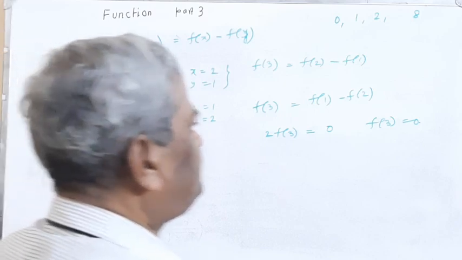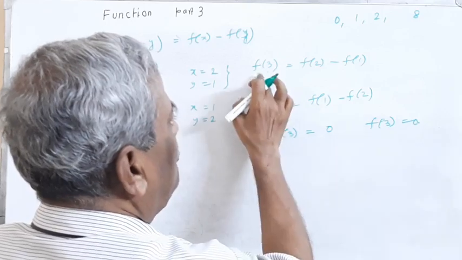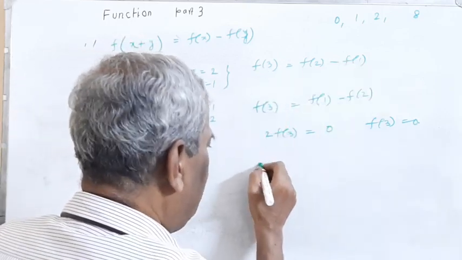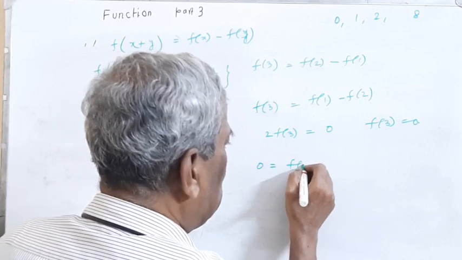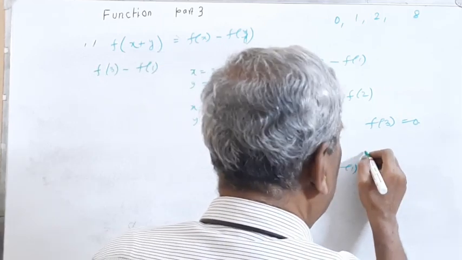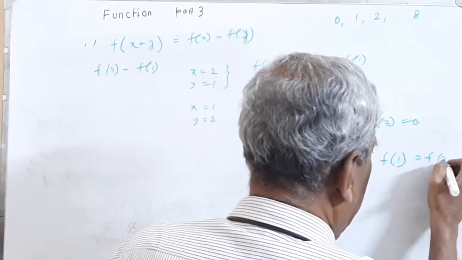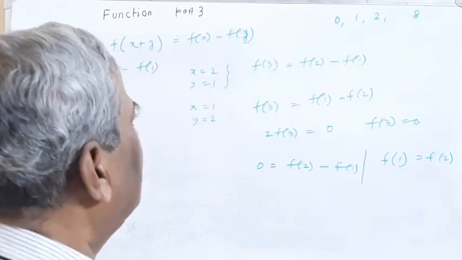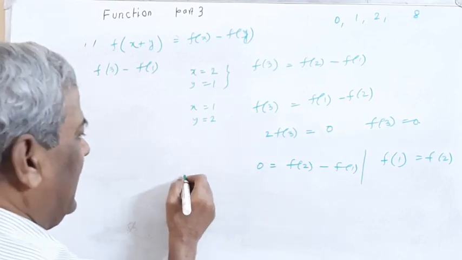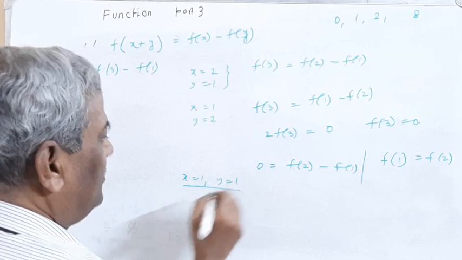Next, if f(3) is equal to 0, from this we get 0 is equal to f(2) minus f(1). That is, f(1) is equal to f(2). So next, let us put x is equal to 1, y is equal to 1.